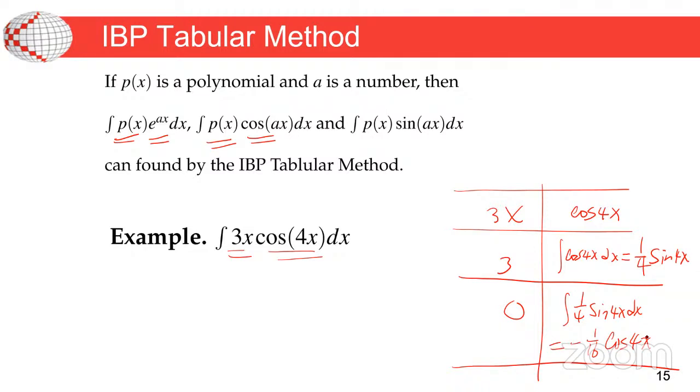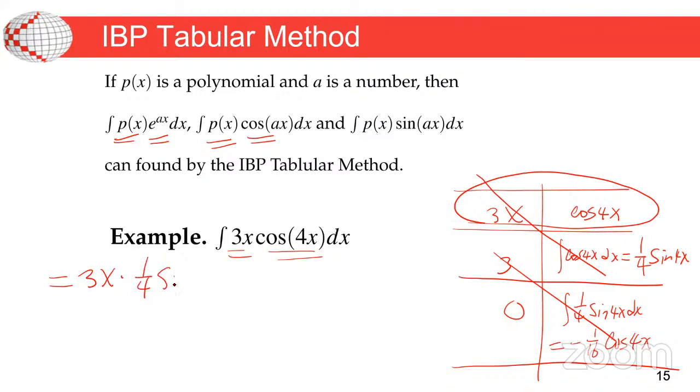So now let's use the tabular method, which says that the integral of the product of the top row is equal to the combination of those diagonal products. We have two products in this case. I have the 3x times 1/4 sine 4x. That's the first product. The second product would be negative 3 times, be careful here, the negative sign for the second term is part of the formula.